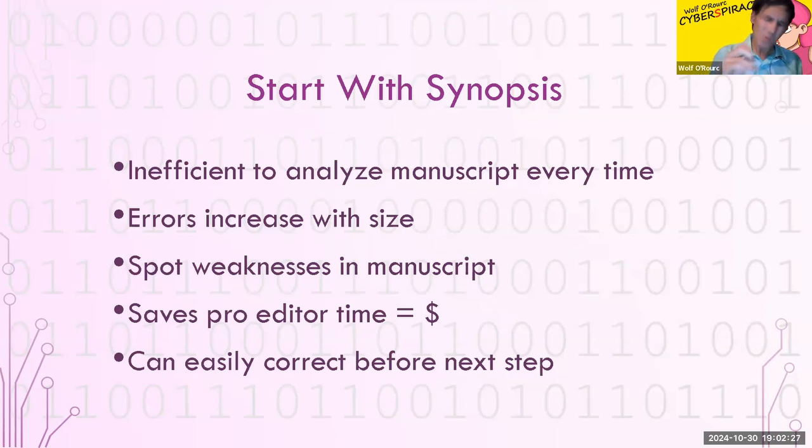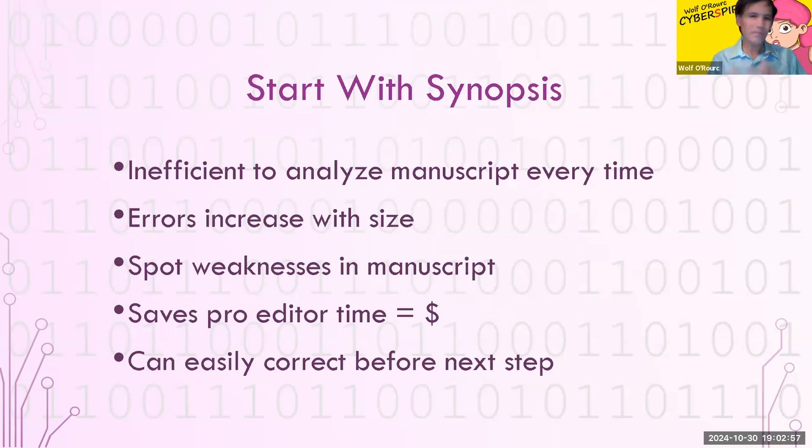Now, readers usually know more than the AI, but if you got the point of view character wrong, made mistakes in time, setting, or you start confusing hair color and things like that, the AI may have triggered on that. So you can run the whole manuscript through just for the hell of it and say, give me a synopsis, and see where the AI goes wrong if you need to do something with your manuscript.